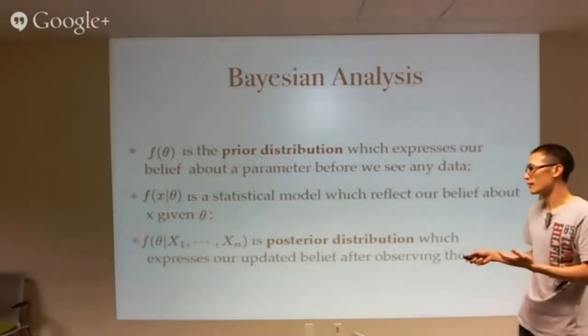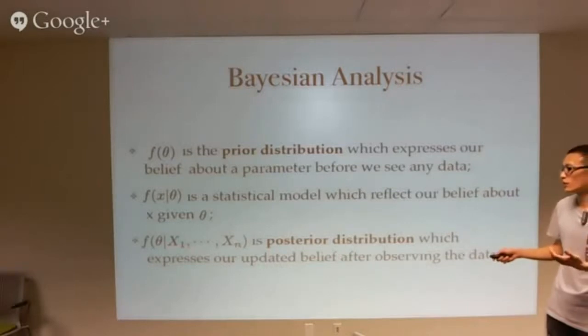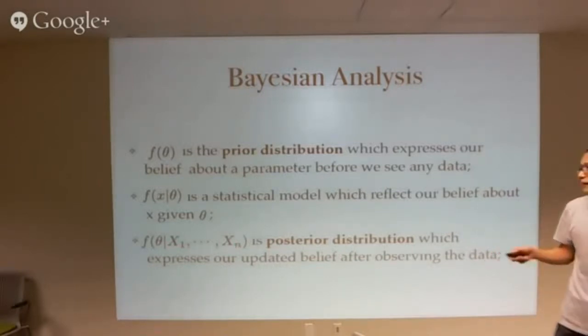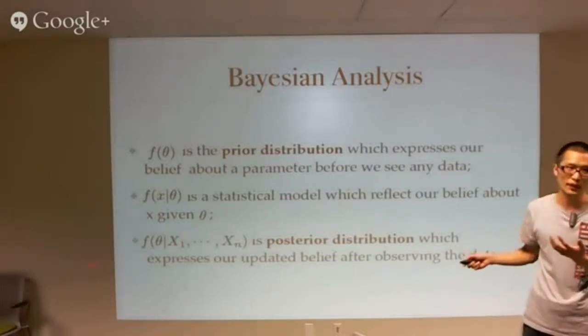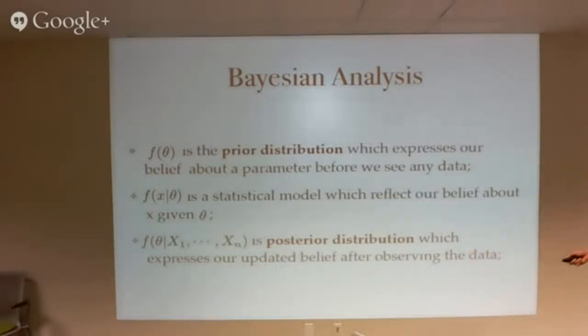The last one is the posterior distribution, and x1 to xn is the data you got. After we see this data, we update our belief about theta, the parameter here. The posterior distribution expresses our updated belief after observing the data.